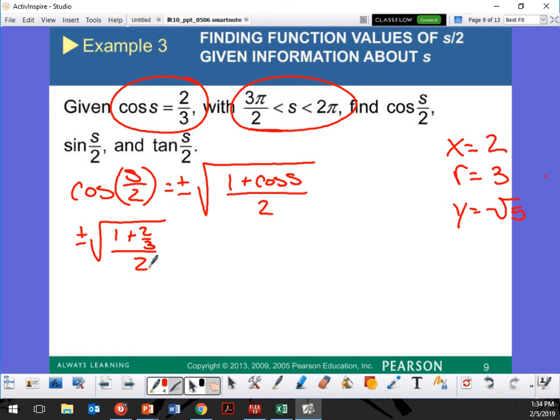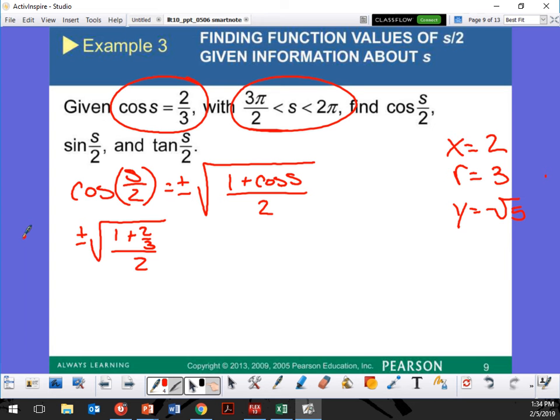So it's going to be plus or minus square root of 1 plus 2 over 3, over 2. Wouldn't that be 5 over 3? Yes, because this is going to be a 3 over 3, the common denominator.